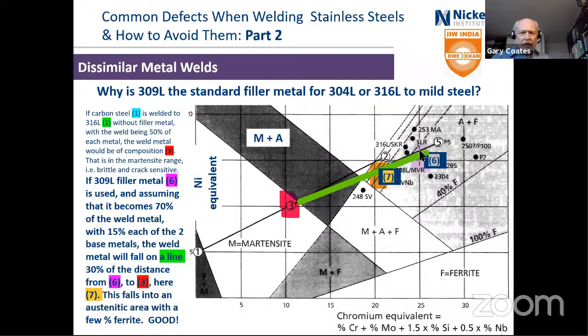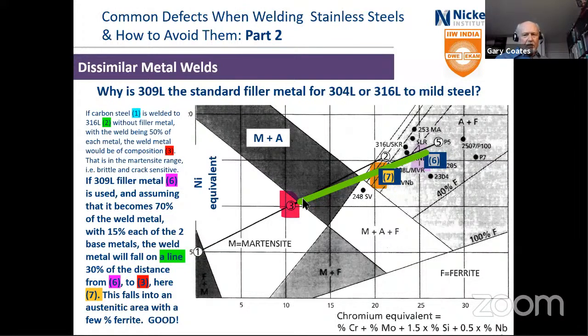So it falls into this area. Your mixture of carbon steel and stainless steel is in this area, and we're going to say that we have 30% of this material and 70% of this material.